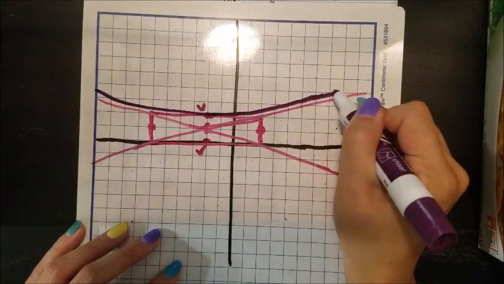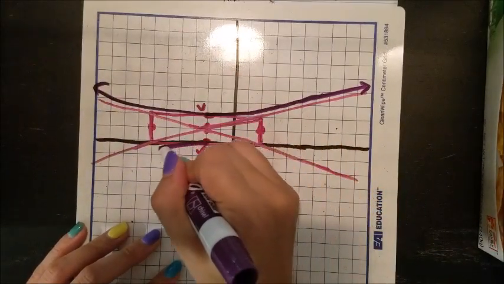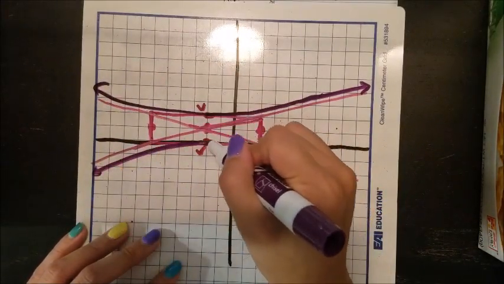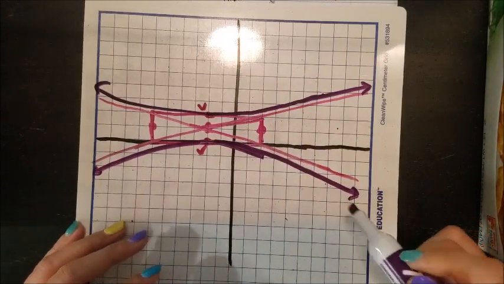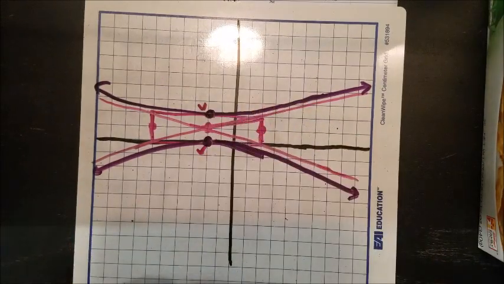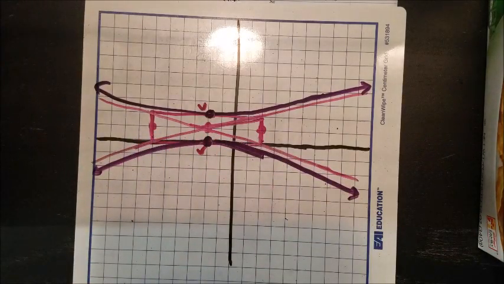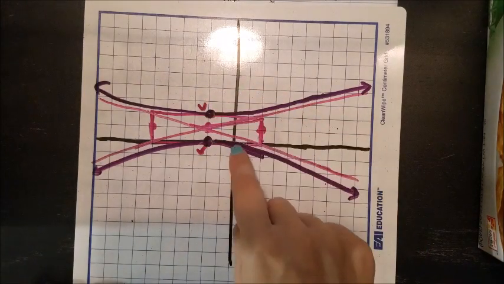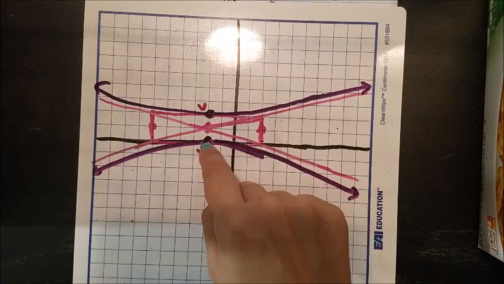It's just a much wider U than we had before. Remember you're always starting your U where your vertices are, so it's never the center. There should be nothing drawn inside the box. Now we know where our vertices are, so those points are (-2, 2) and (-2, 0).